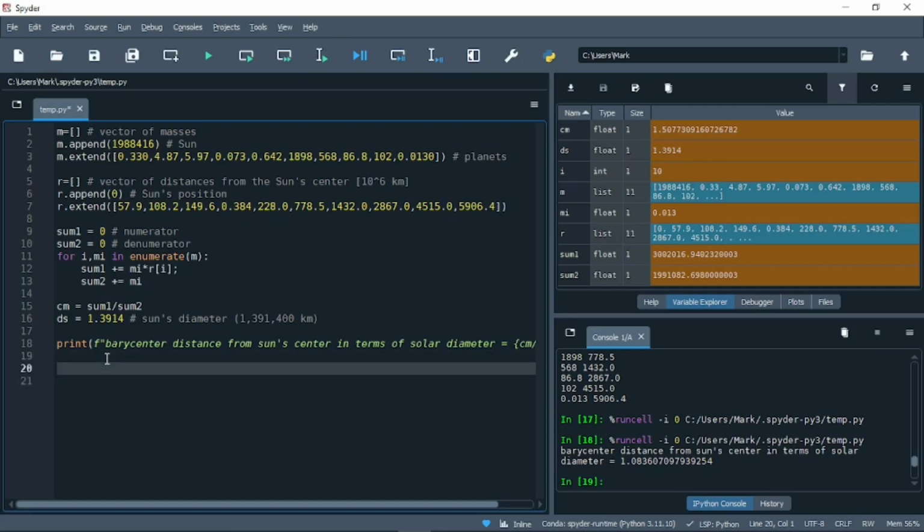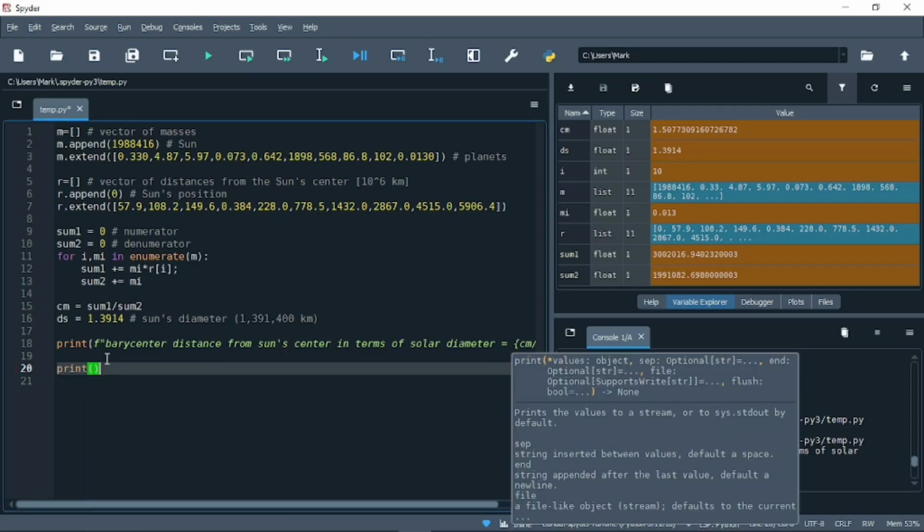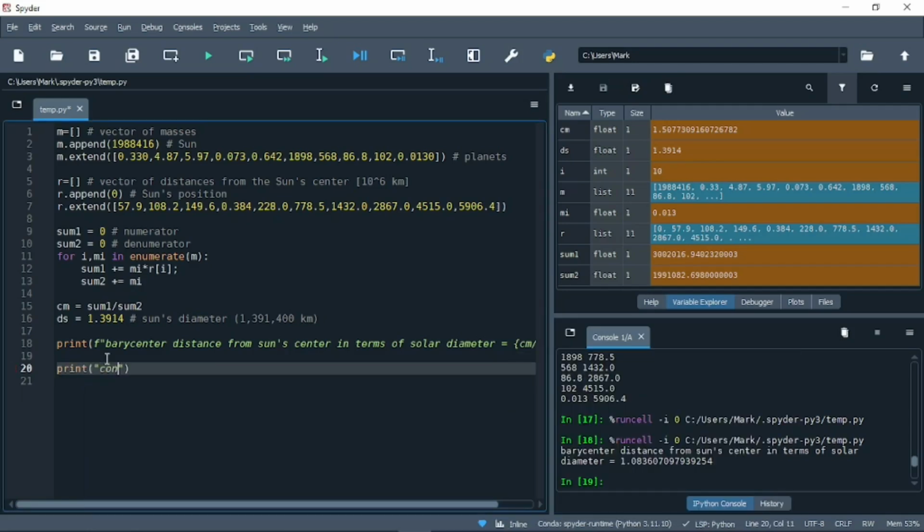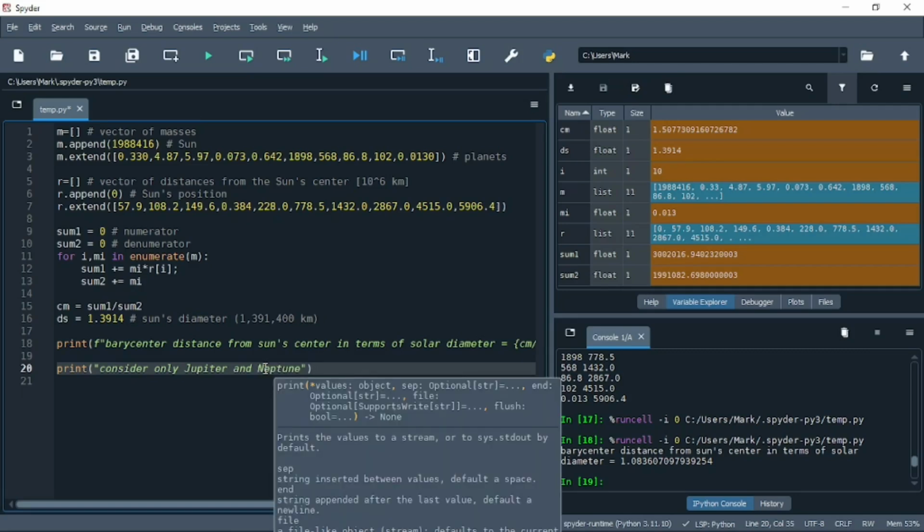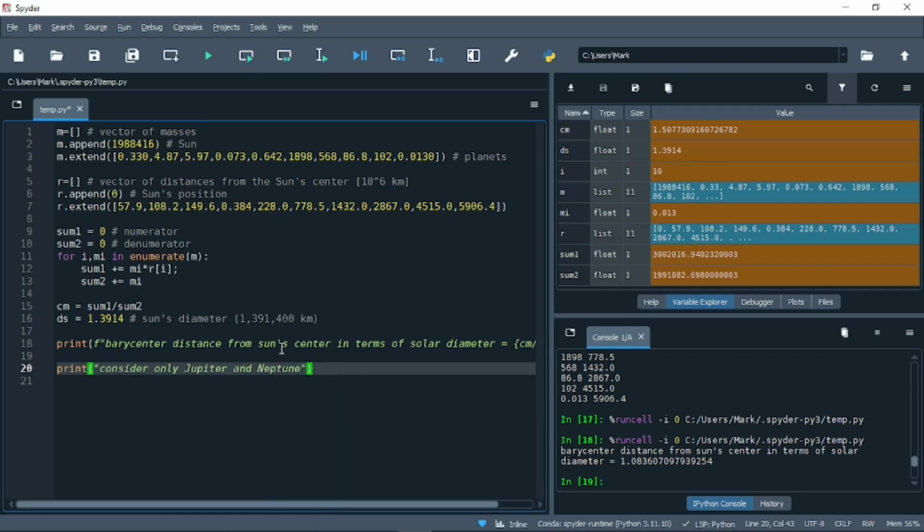Now let's consider only Jupiter and... no, actually Neptune. Yes, not Neptune, but Saturn. Now we consider only these two planets in the solar system. All the others are discarded.